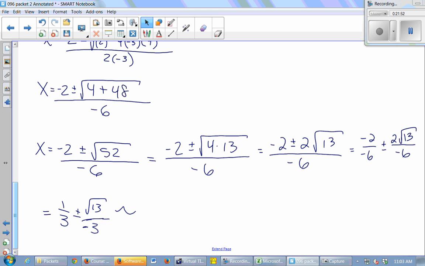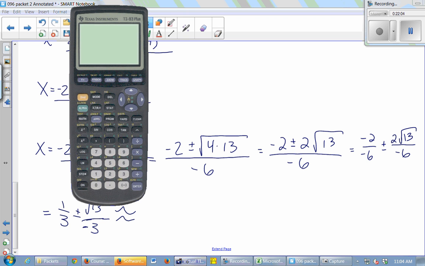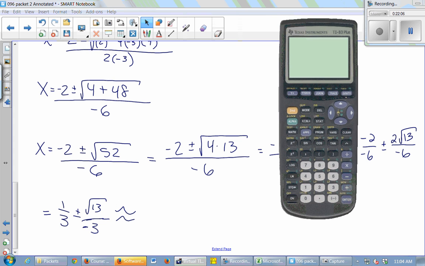All right, so now I'm going to put curly equal signs for approximately equal to. So all of these things were exactly equal to each other. And when I type this into my calculator, what I'm going to have is something approximately equal to it. Okay, so I have 1/3. Some of your calculators might have fraction buttons. You can use that if you want. This kind of calculator, I just have to use the division sign, and I make sure I put parentheses around everything to tell it it's a fraction.